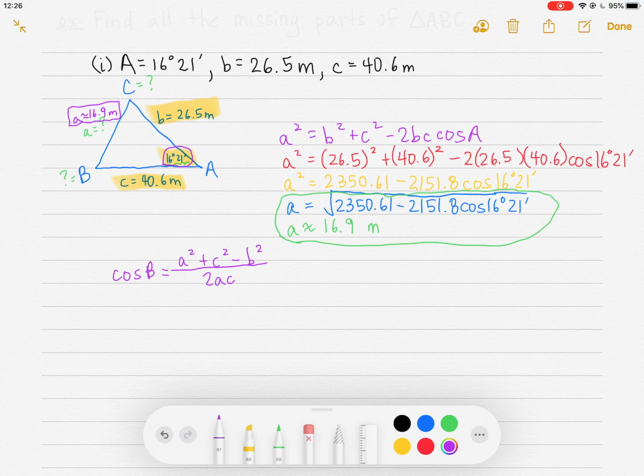It's not a real triangle. Only the second triangle works. You don't have to worry about any of that. There's only one correct triangle when you're using the law of cosines. Again, if you start with the law of cosines, you need to end with the law of cosines.